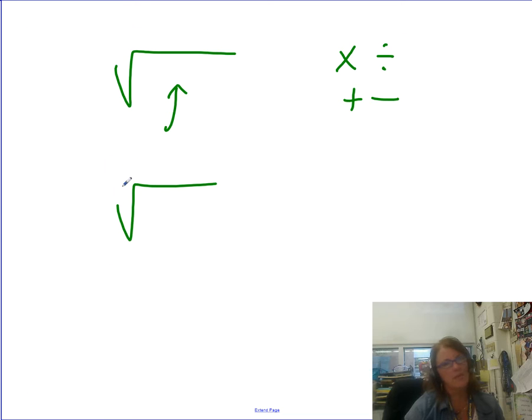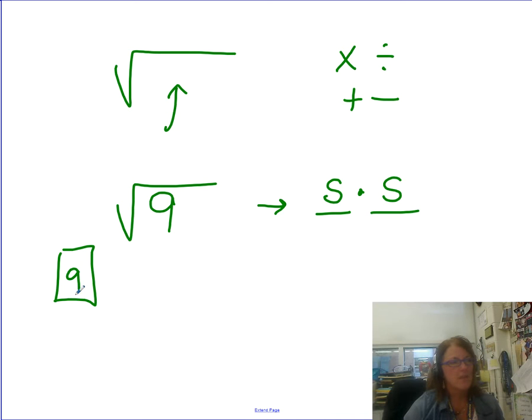So when you read it, if I give you something like the square root of 9, I'm asking you to tell me what number times itself gives you 9. So in other words, if it was a square, the square starts out with an area of 9. What are the lengths of each side? And you'd have to start thinking to yourself, what times what gives me 9? Oh, well, it's 3. Okay, 3 times 3 gives me 9. So the square root of 9 is 3.